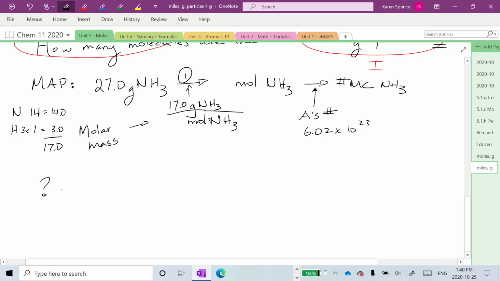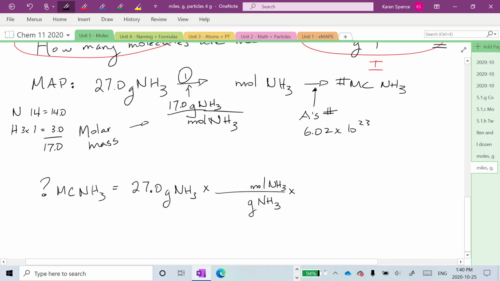How many molecules of NH3 do we have in 27.0 grams of NH3? Okay, so now we can convert, need to cancel grams of NH3 and find moles of NH3.